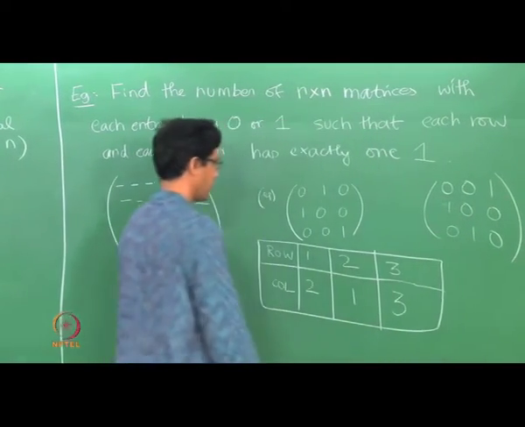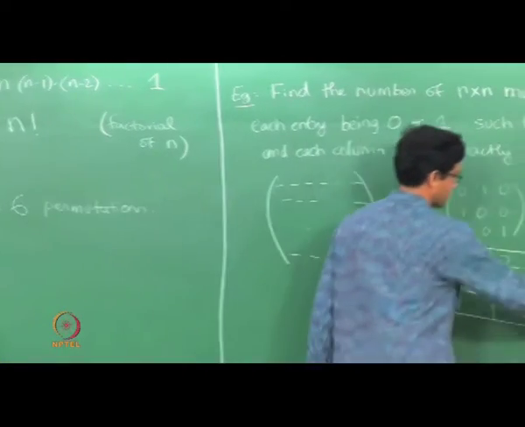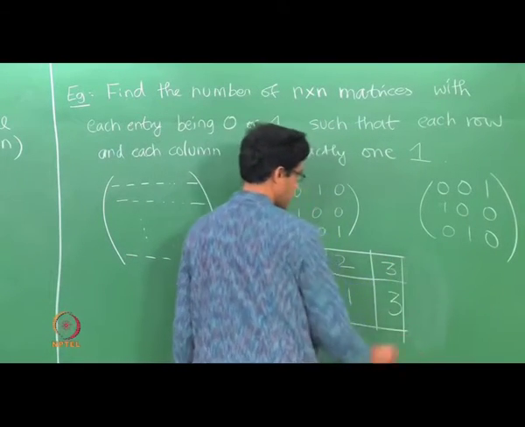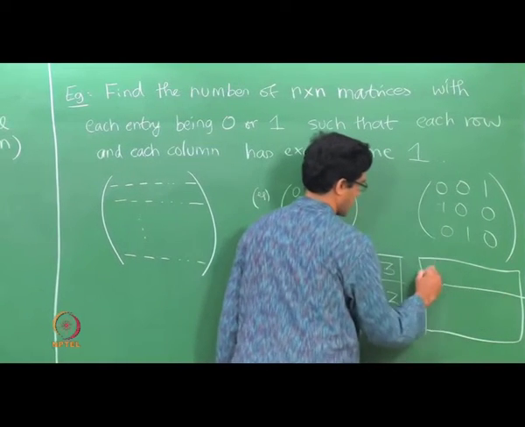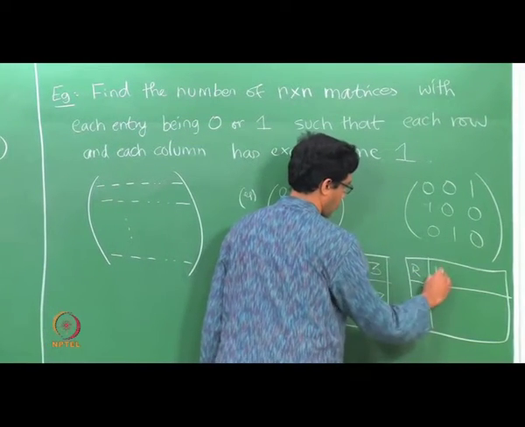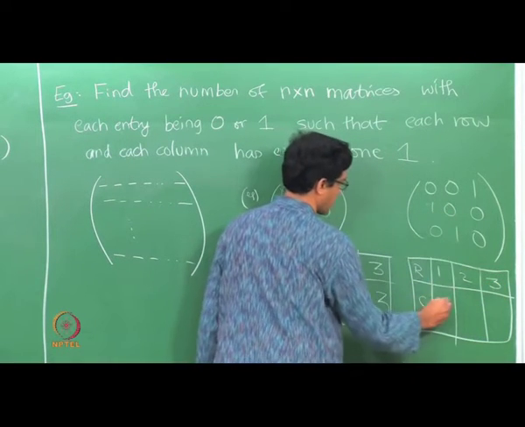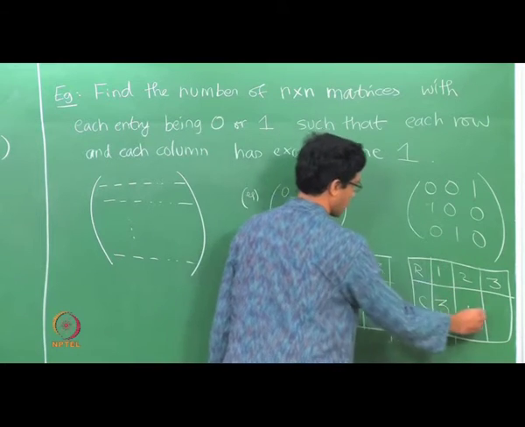if you had a matrix like this, then instead of this table you will construct a table in which, let us say, row, column, row number 1, row number 2, row number 3, and in the first row the 1 is in the third column, in the second row it is in the first column, and in the third row it is in the second column.